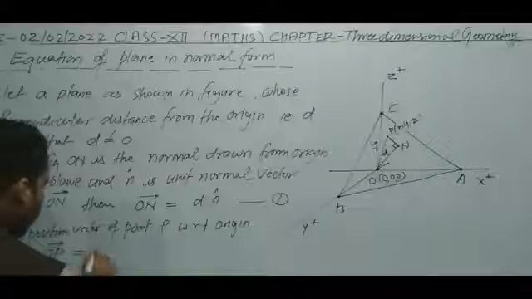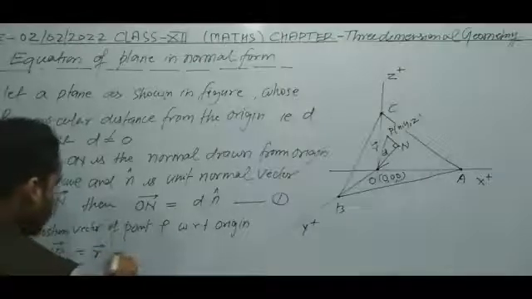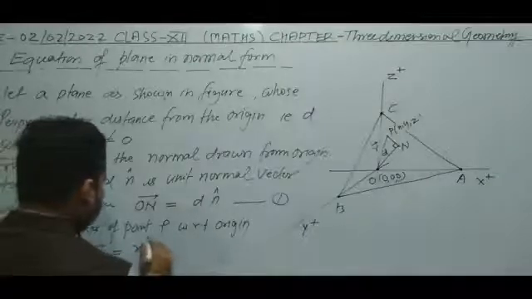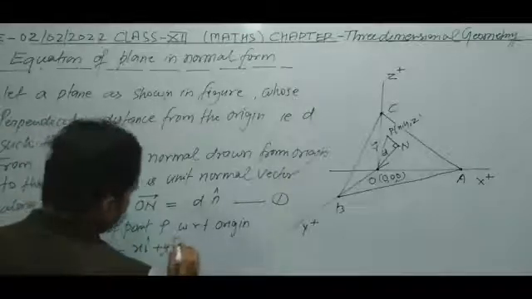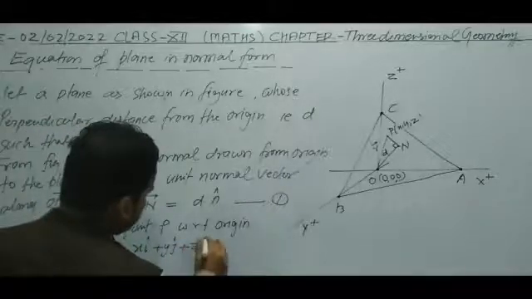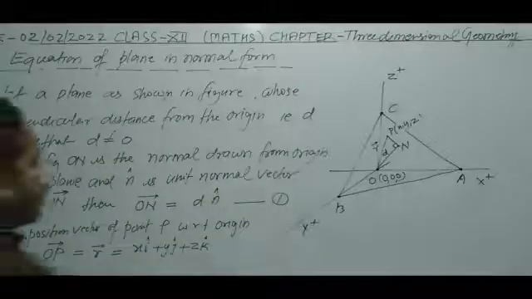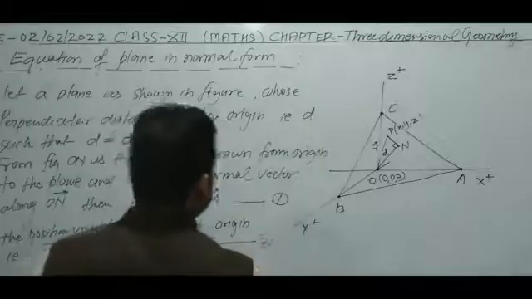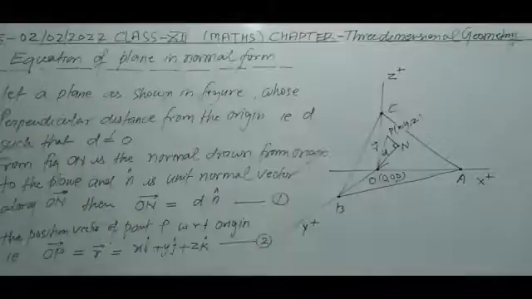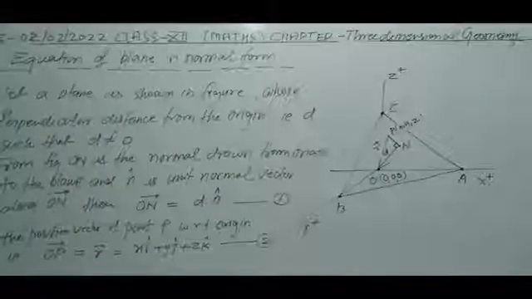OP vector we can consider vector R, and R is equal to xi plus yj plus zk. See, this is equation 2. If any doubts, you can clear them.